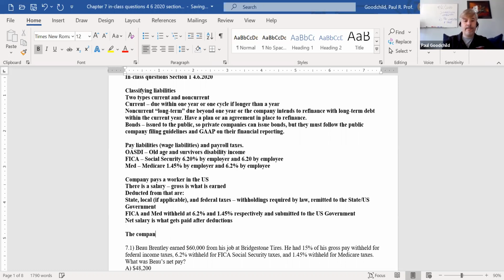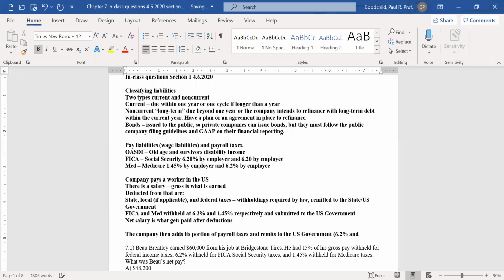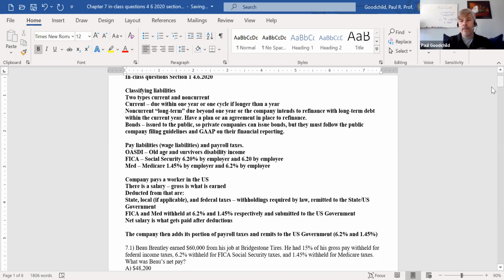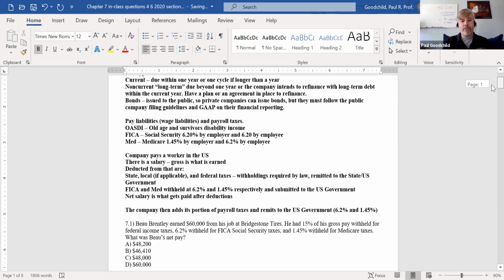The company then adds its portion of payroll taxes and remits to the government. So it's pretty straightforward.